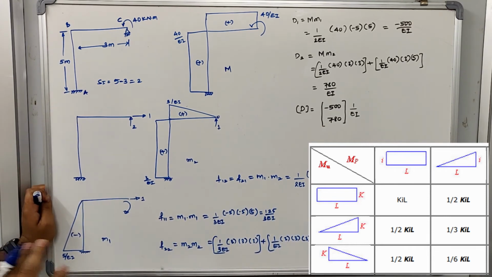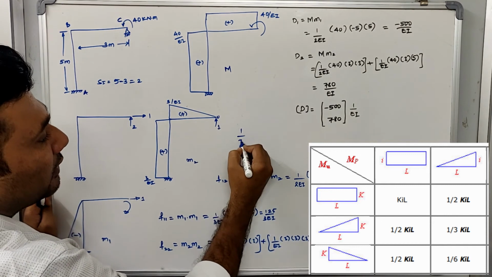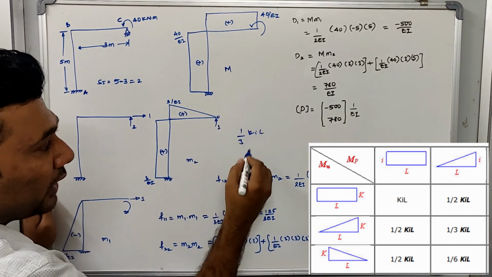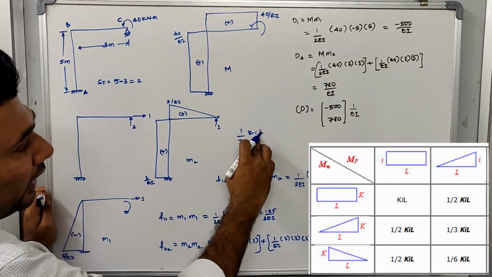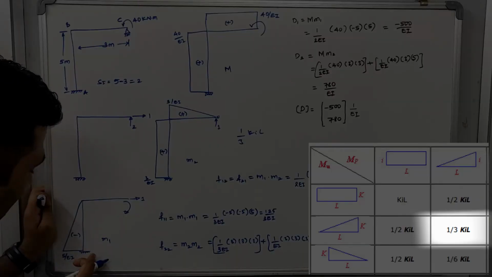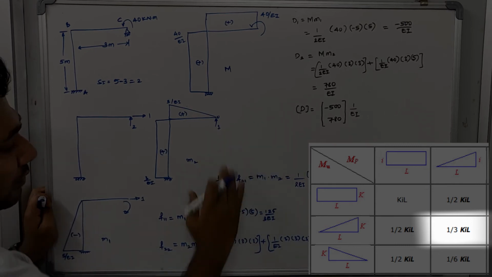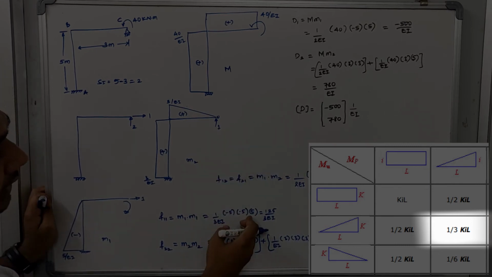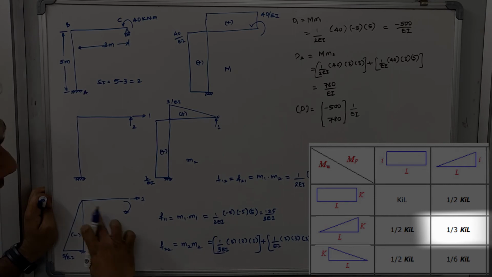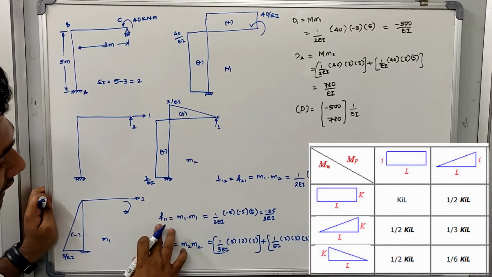If a triangle is multiplied by itself, the equation is 1 by 3 into K into I into L, where K and I are both the same in this condition. So M1 multiplied by M1 will be equal to 1 by 3 EI into minus 5 into minus 5 multiplied by the length, which is 5 meter. So you will get to know how much F11 is.